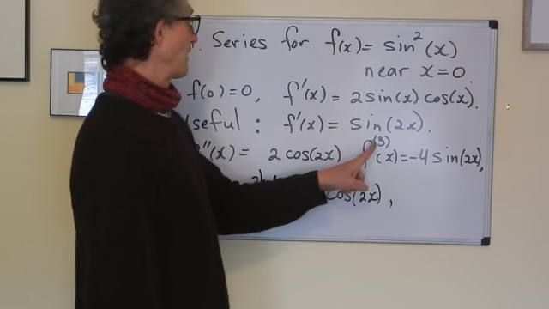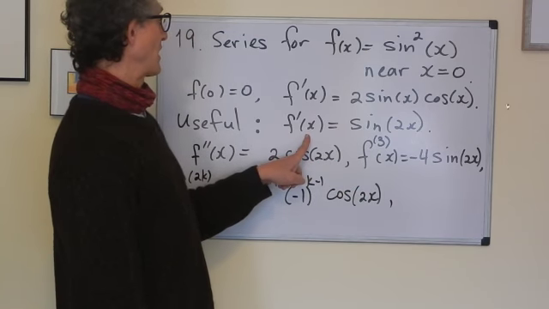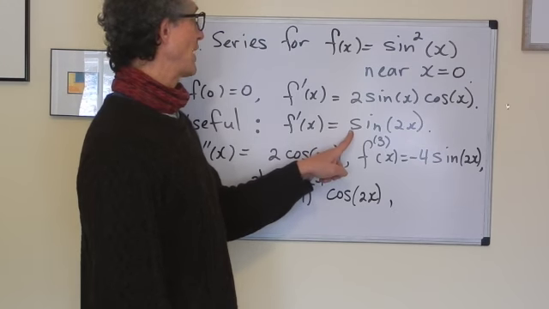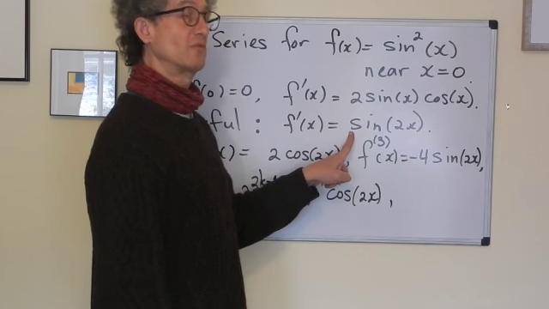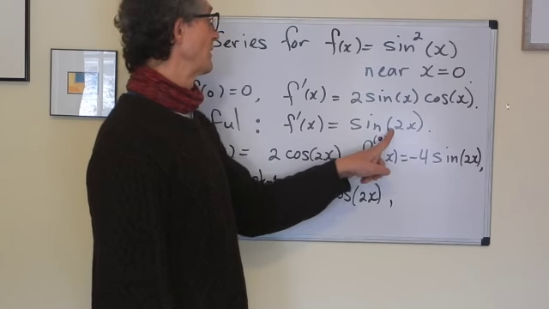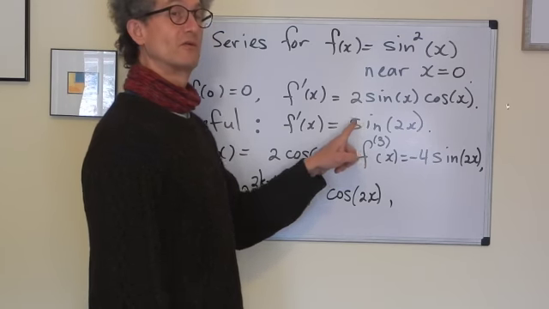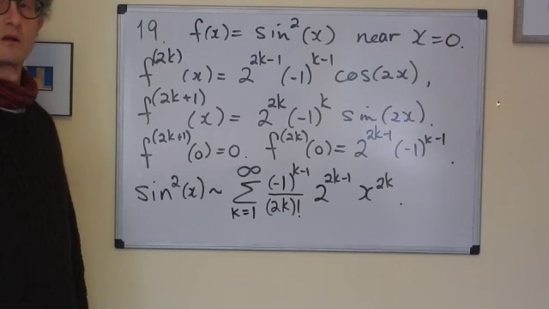For the odd derivatives, we'll look at f prime, which is sine 2x. And again, every 2 times we differentiate, we're going to get a factor of 4. We're going to get a minus sign, and we're going to get back to sine of 2x. We'll write that down next.